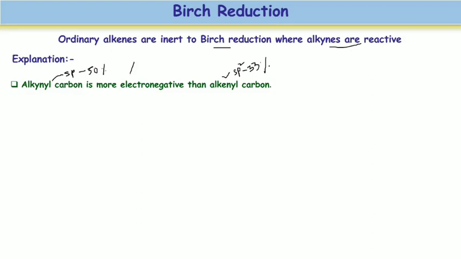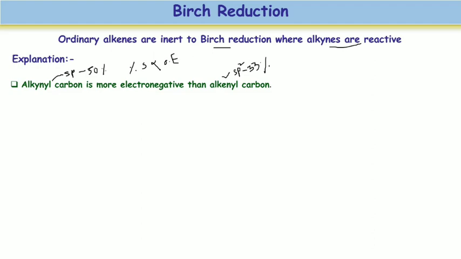Now percentage of s character is proportional to orbital electronegativity. So orbital electronegativity of sp hybridized orbital is much more compared to sp2 hybridized orbital. So for that, an alkynyl carbon is more electronegative than alkenyl carbon.